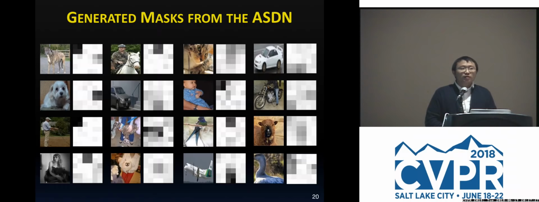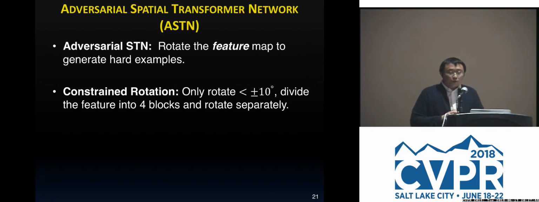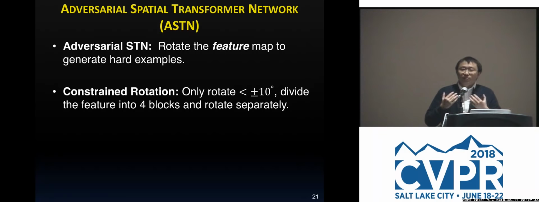Besides using this smart way of dropout, another way to do adversarial training is performing deformations. And in our case, it's actually rotations. So here, we propose another small network called the adversarial spatial transformer network. Remember, the spatial transformer network was originally proposed to align features of the objects to make object recognition much easier.